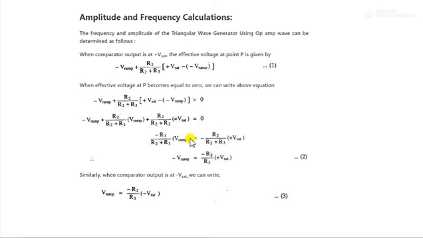Now this R2 by R3 is cancelled, so minus V ramp is equal to minus R2 divided by R3 into plus V saturation. This is the negative ramp voltage. Similarly, we can write it for the positive ramp voltage; the only difference is that instead of plus V saturation, we get minus V saturation.